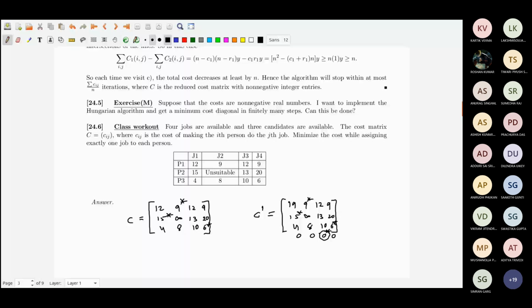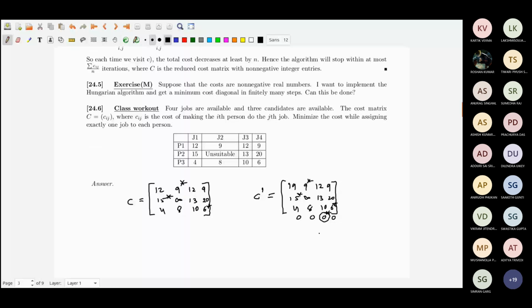So there is a 1-1 correspondence, it's a bijection, and cost is the same. Therefore finding a minimum cost solution for C is the same as finding a minimum cost solution for C next, and therefore you have got your C next. The moment you have got your C next, you know what to do. All you have to do is apply the Hungarian method to find a minimum cost assignment. Okay, so that's what you will do.